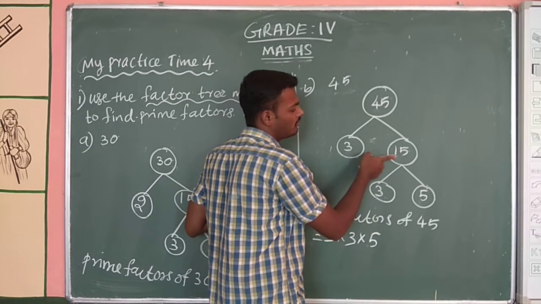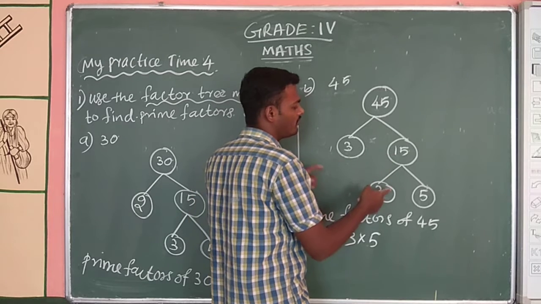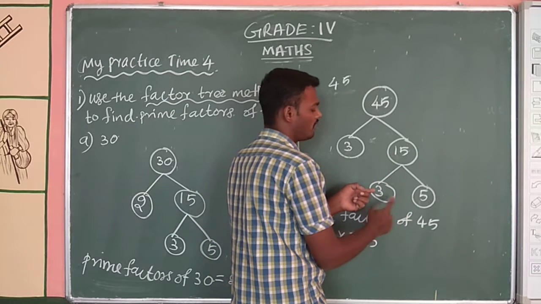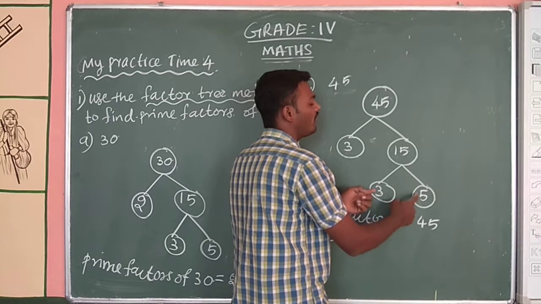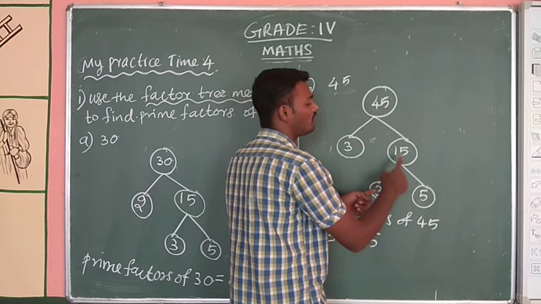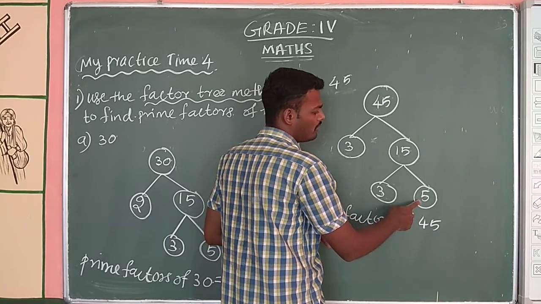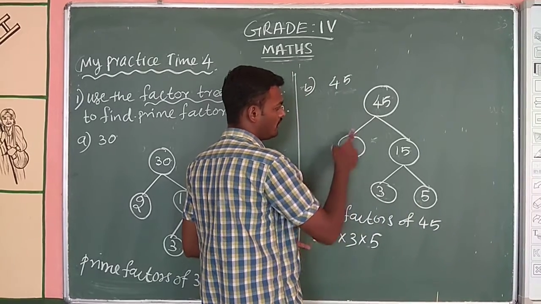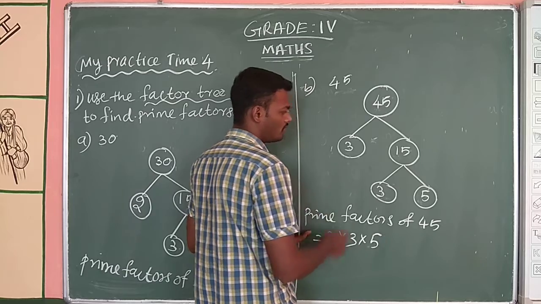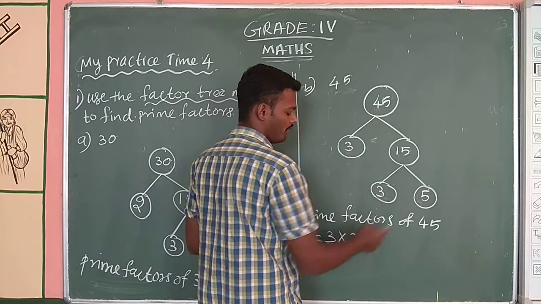Next, third table: 15 comes 3 into 5. 3 into 5 is equal to 15. 3 is also a prime number, 5 is also a prime number. So the tree method is over. Next, we can write the prime factors of 45 is equal to 3 into 3 into 5.